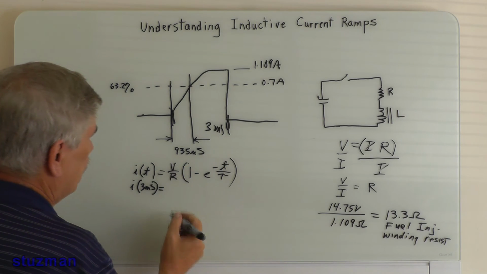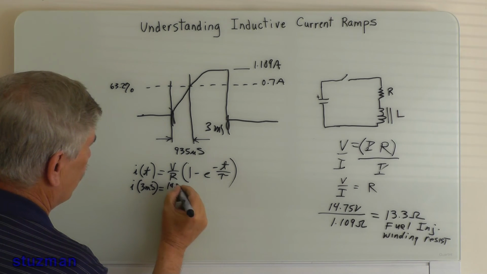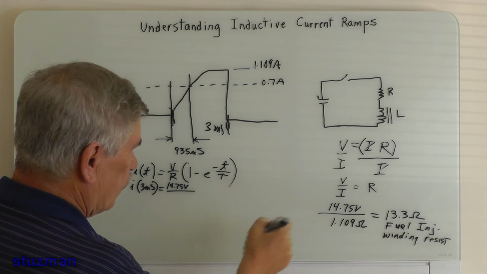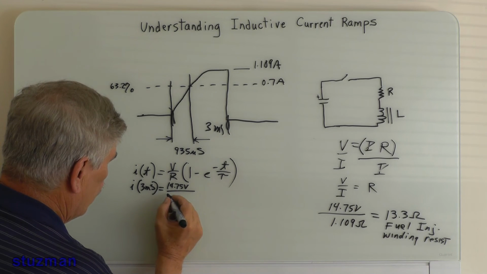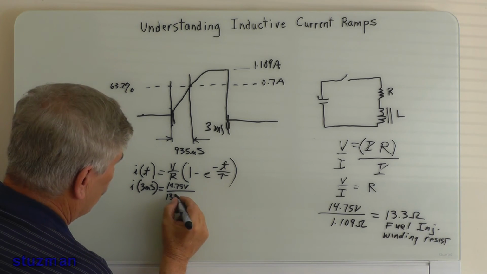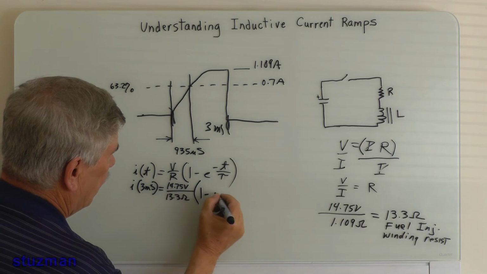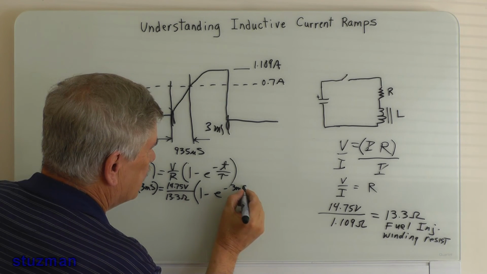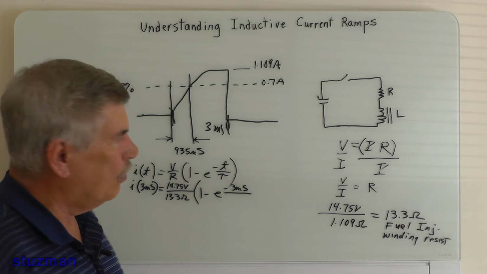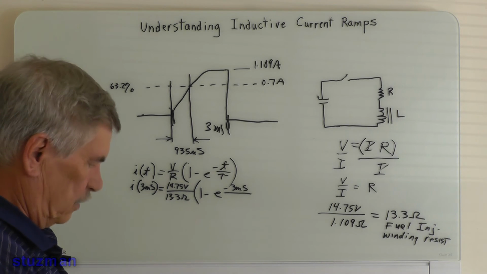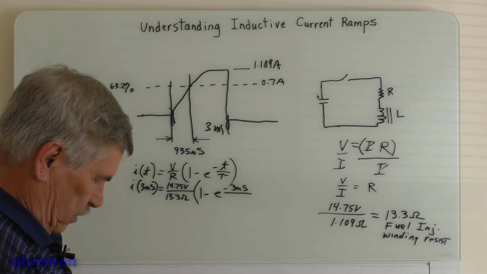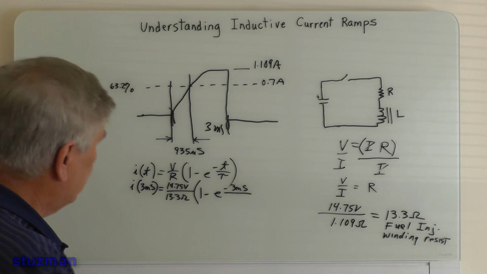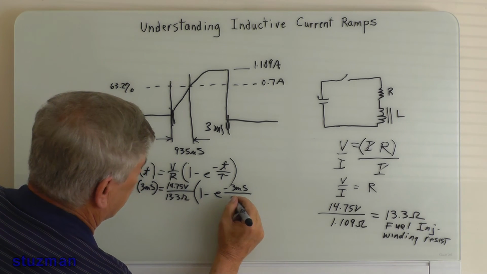V divided by R: we said that was 14.75 volts divided by R, which is 13.3 ohms, times 1 minus e to the minus t, which is 3 milliseconds, divided by tau. Our tau is 935 microseconds.